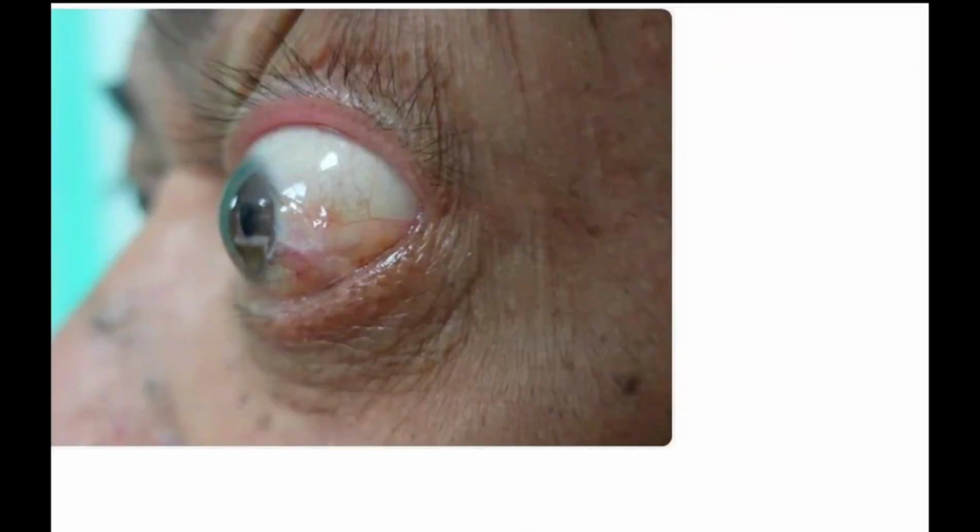Can you see this image? Is it visible? Yes. What does this image depict? You can see this eyeball is protruded out. What is it called?